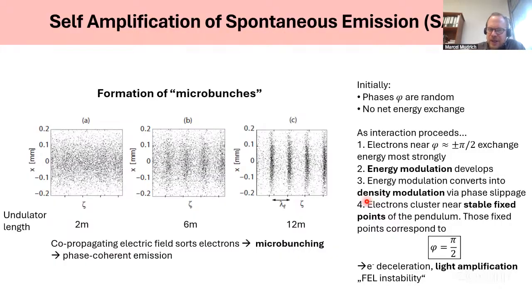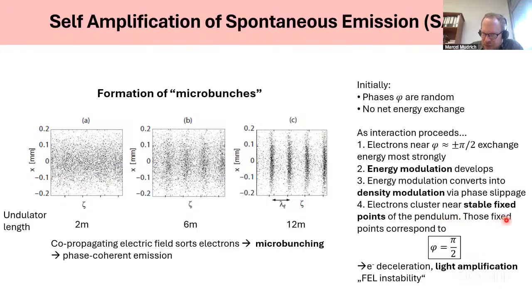So clearly these undulators where microbunching is supposed to happen have to be quite long. You can see many meters of length where this happens to allow for the coupling to evolve, and also to allow for this conversion of energy modulation into density modulation in real space. And eventually the electrons would cluster near stable points of this pendulum that's given by the pendulum equations.